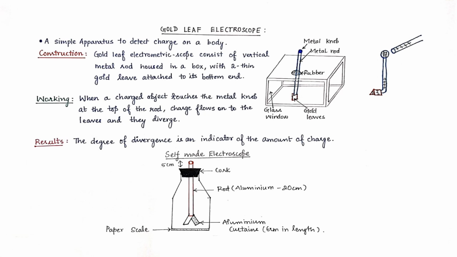Now this is quite an interesting topic, the gold leaf electroscope. So something made up of gold. Gold is scientifically called aurum. And gold is electrically inactive.